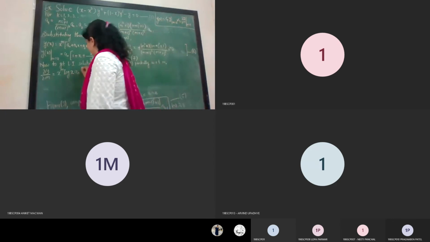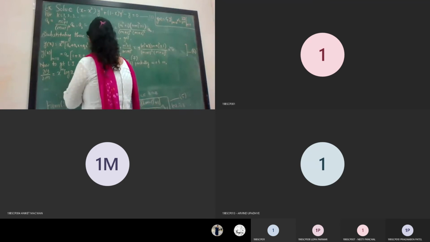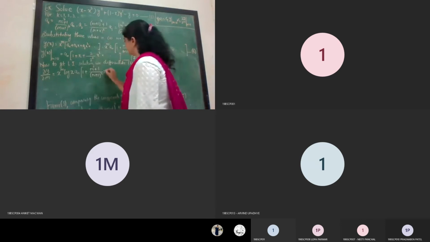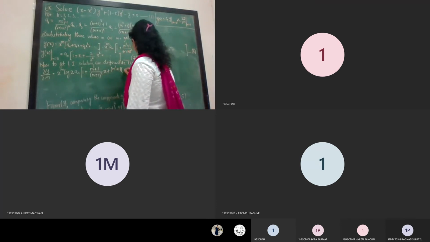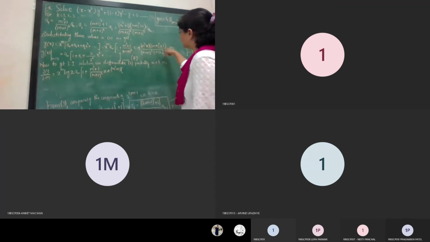Then we'll have a0 as it is, and the whole infinite series as it is, that is 1 plus (m square plus 1) upon (m plus 1) whole square into x plus (m square plus 1), I can write this as m square plus 2m plus 1 plus 1.